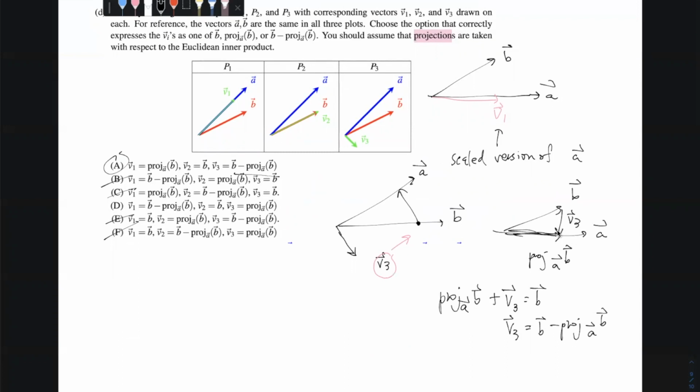We also see that this vector V3 here is orthogonal to the projection of B onto A, and orthogonal simply means that it's at a right angle to this vector.